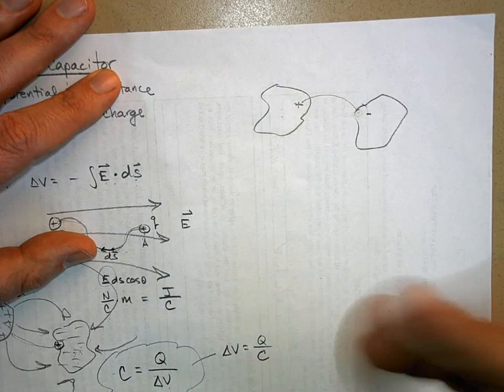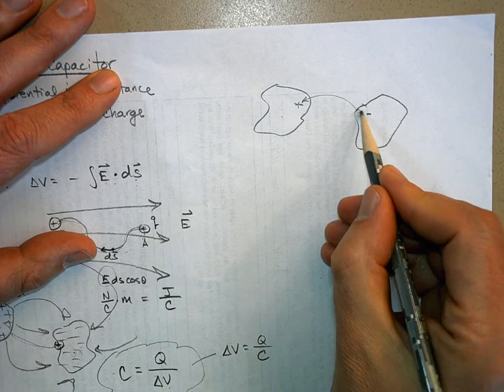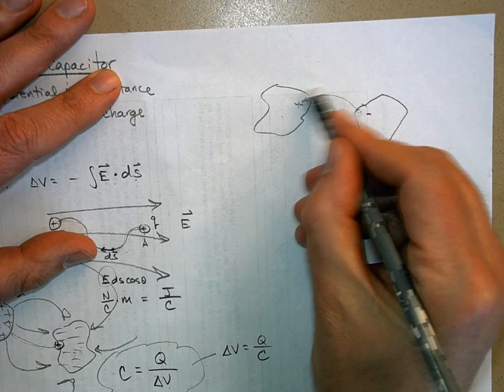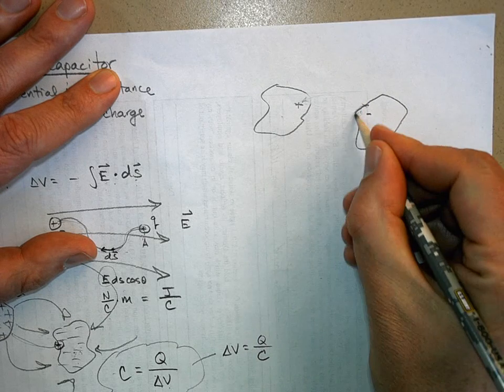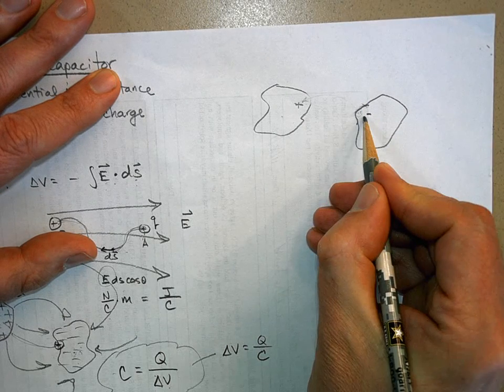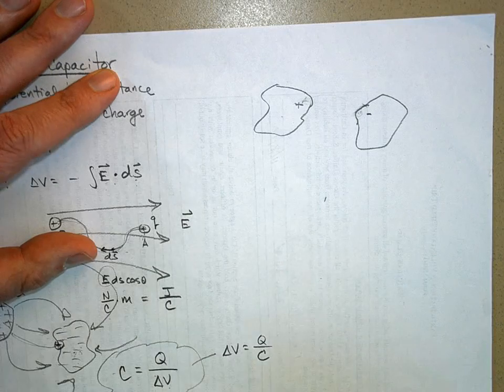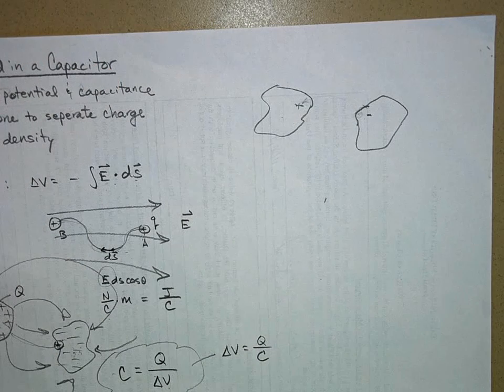Okay? Now this looks like a field line, so let me erase that and just say, okay, I'm going to pick up some positive charge here, and I'm going to move it over here. But do you see that it took almost no work to do that? I'm not working against an electric field. There is no electric field yet because there's no charge separation yet.